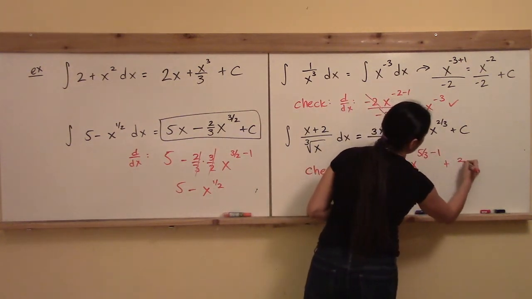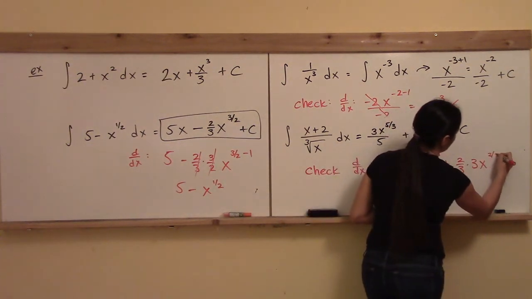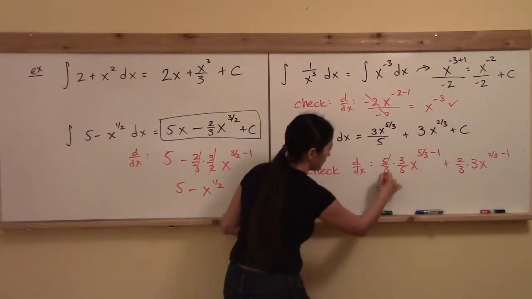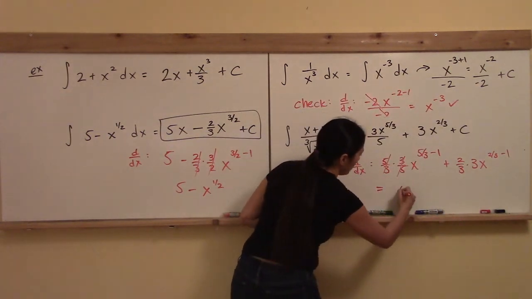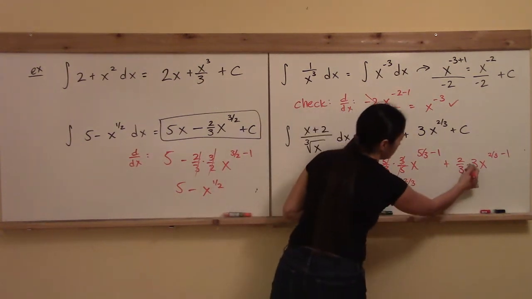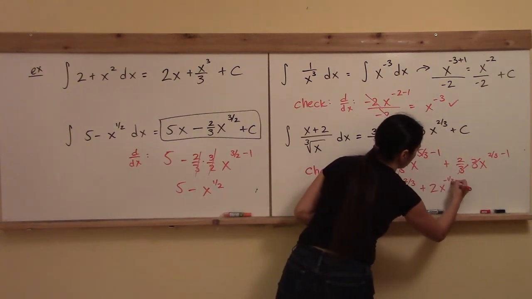Next one, the 2/3 comes down, and it multiplies the 3, and I get x to the 2/3 minus 1. Okay, so what is that? Cancels, cancels, and 5/3 minus 1 is 2/3. Over here, the 3's cancel, and I get 2x to the minus 1/3.